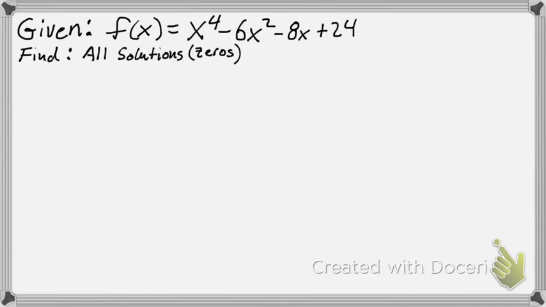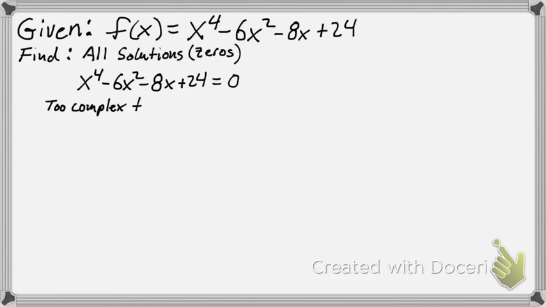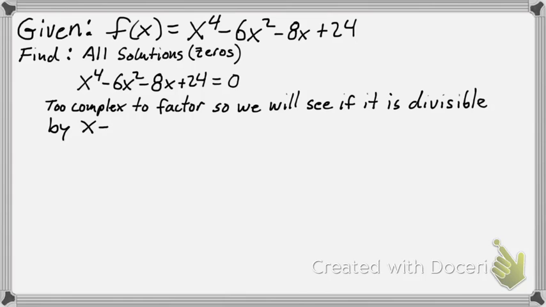Okay, let's use long division to find the roots of this particular polynomial function. It's too complex to factor, so we're going to try to factor it by dividing in a very simple binomial, x minus some constant c.